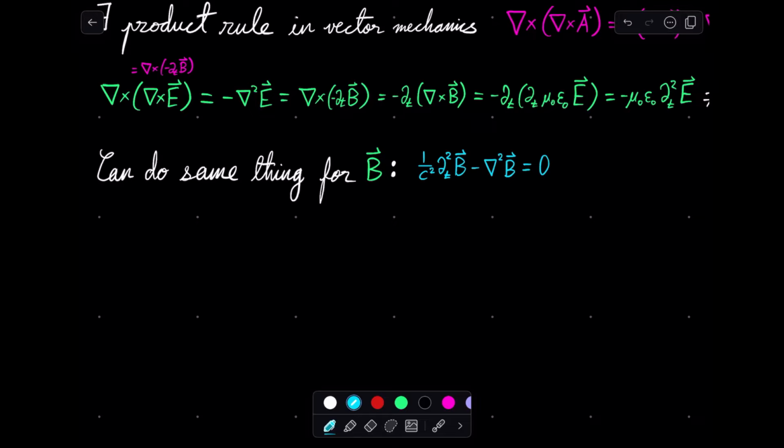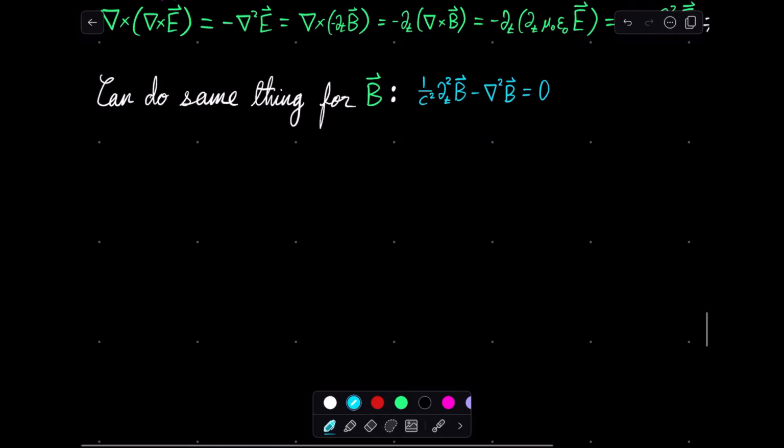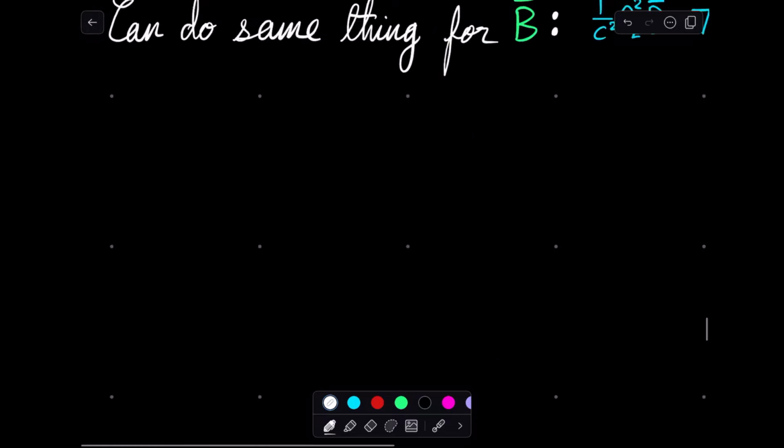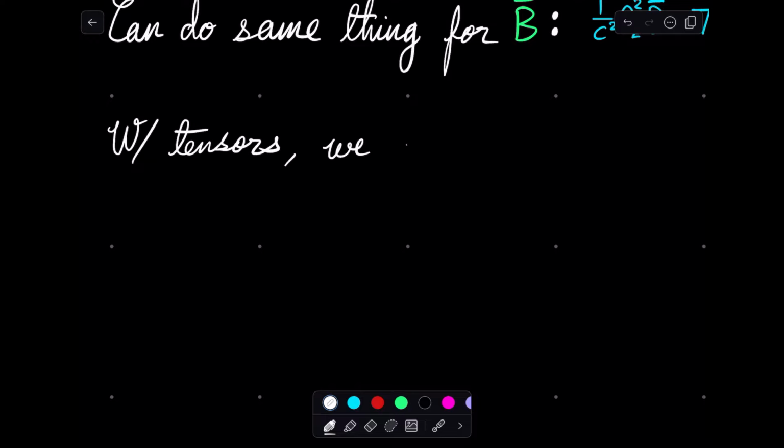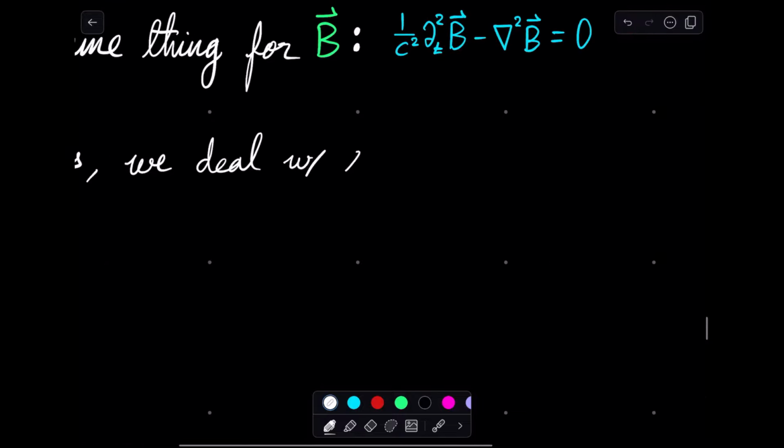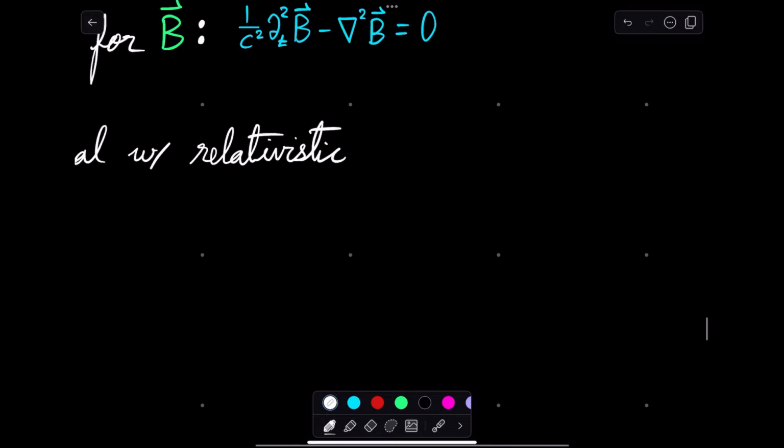Now let's move on to tensor mechanics. So with tensors, we deal with relativistic electromagnetism.